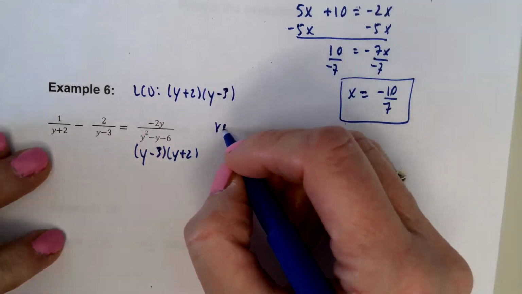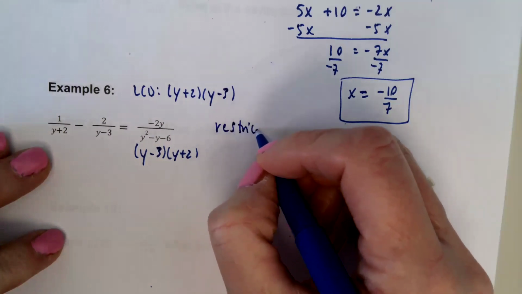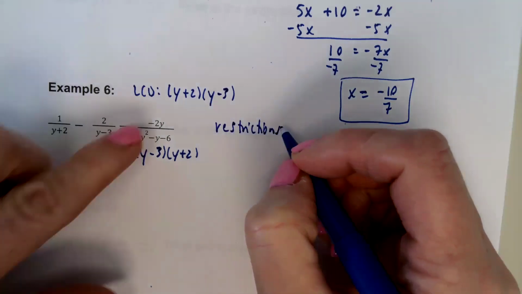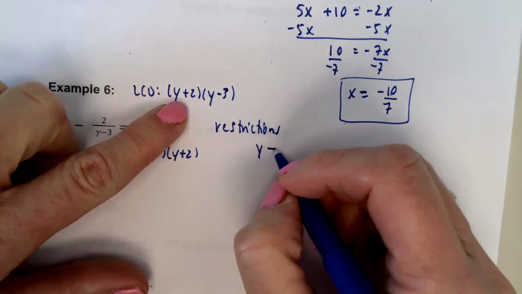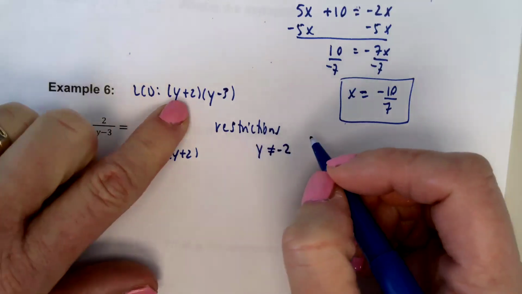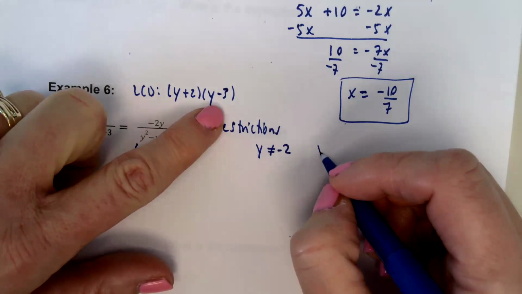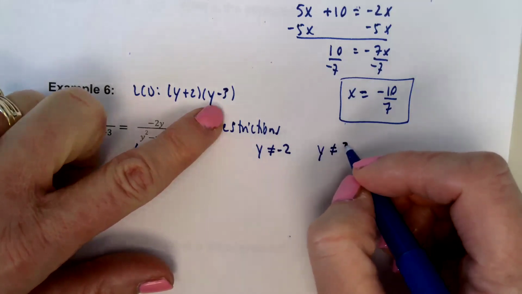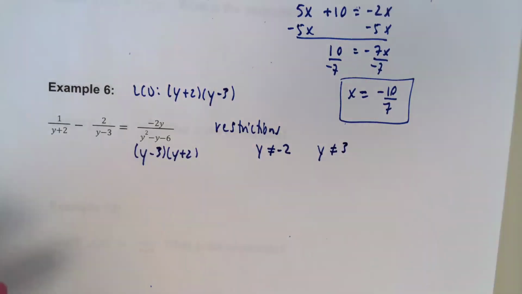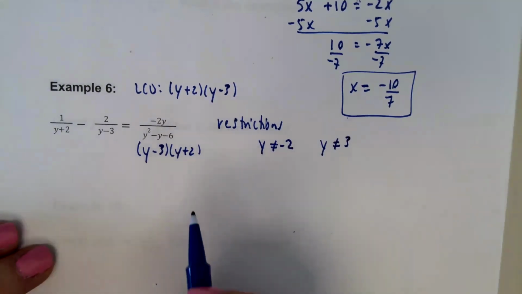So that means our restrictions: y cannot be negative 2, that will cause that to be 0, and y cannot equal 3 when y minus 3 is equal to 0. So those are only two restrictions.